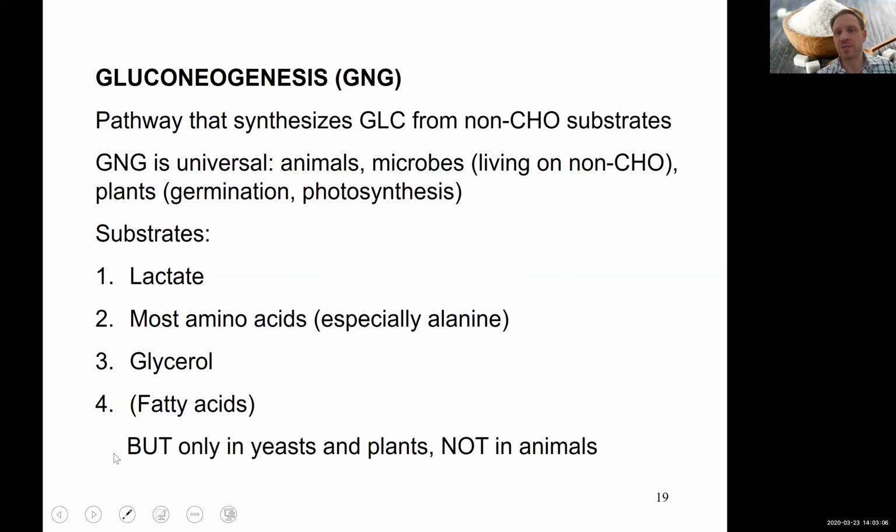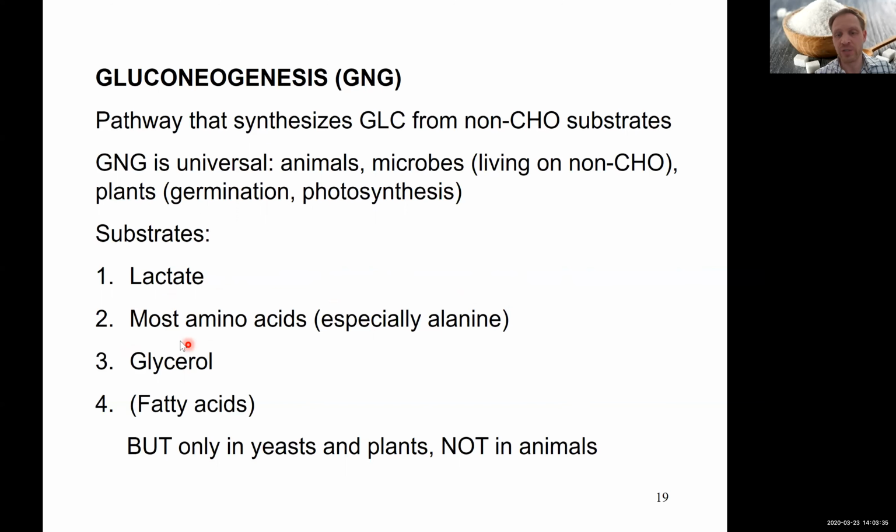And so when we talk about non-carbohydrate substrates, a few can come to mind. And I listed some of those here. The first one being lactate, right? This was our product of lactate fermentation. So this is one that might actually be very relevant to us. We can also use most of our amino acids, and we'll see an example on how we can use, for example, alanine for this purpose. Glycerol, coming out of the breakdown of fats, can also go through gluconeogenesis to produce glucose.